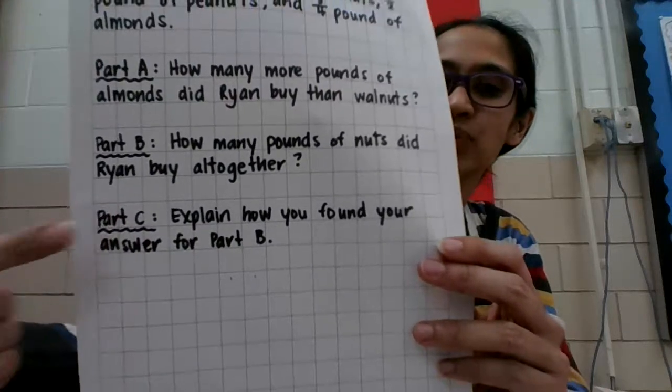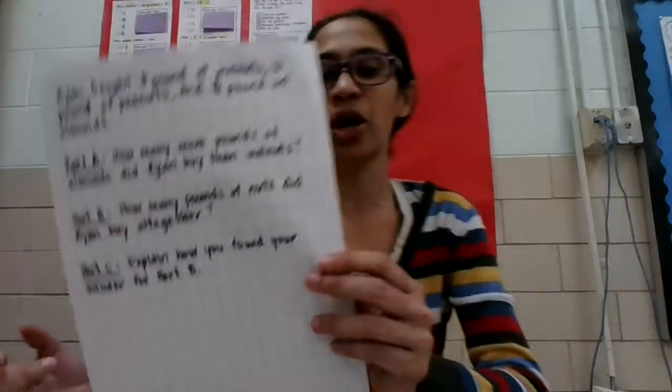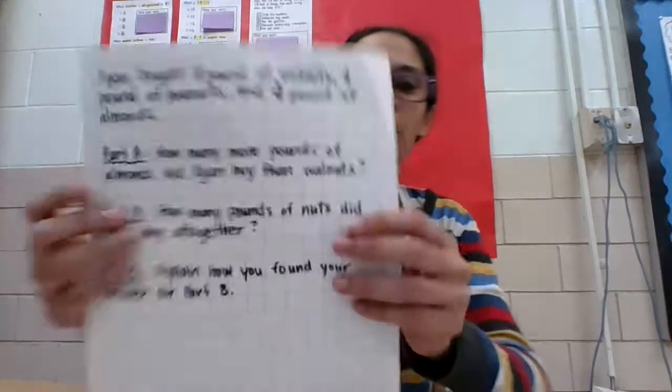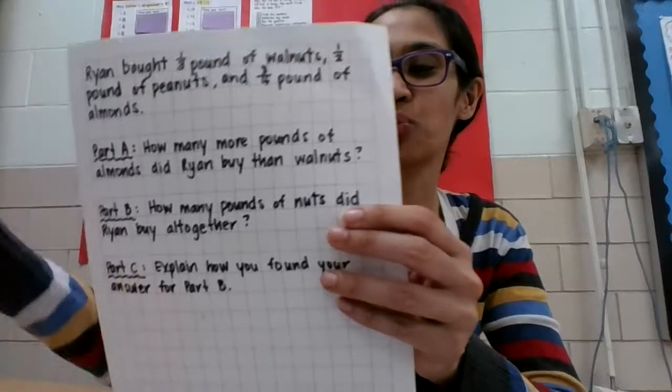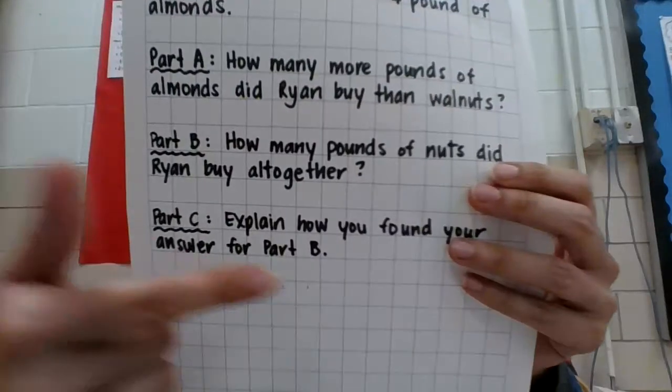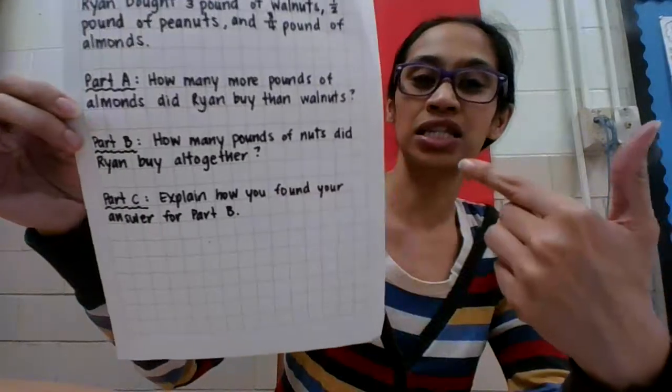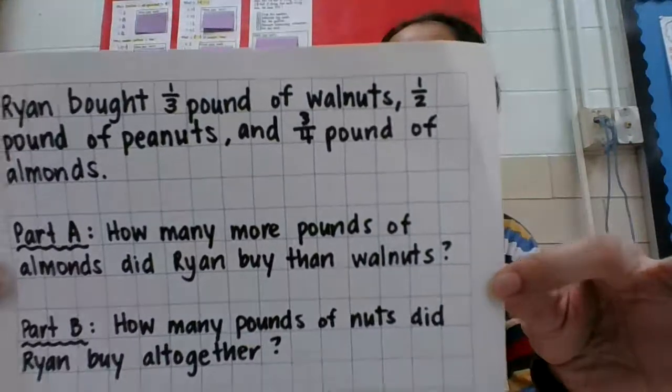And for part C, where it says explain how you found your answer for part B, when I say explain, you need to type out complete sentences to explain how you did that. For parts A and B, you could just show your work in your notebook and type it up in the comments below, and then for part C, go ahead and explain that.